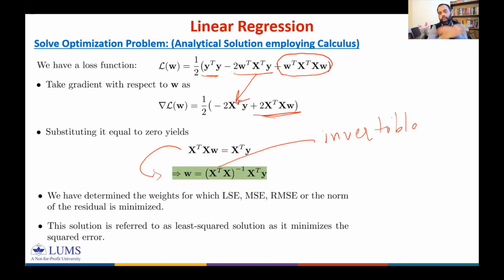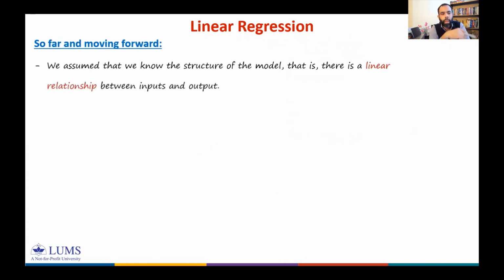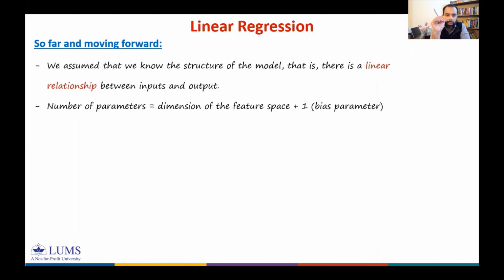So we started with the linear regression problem. We assume that we know the structure of the model, that there is a linear relationship between input and output. The number of parameters we wanted to learn would be the dimension of the feature space plus 1, d plus 1, right?